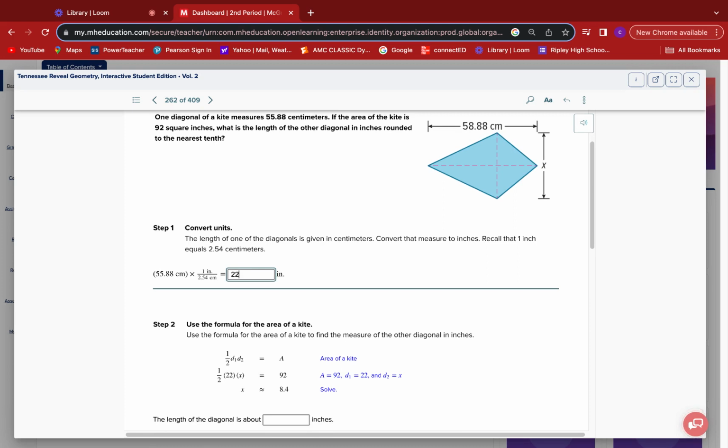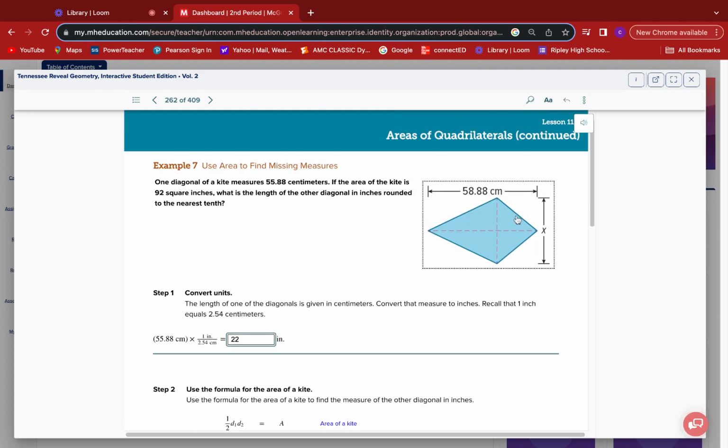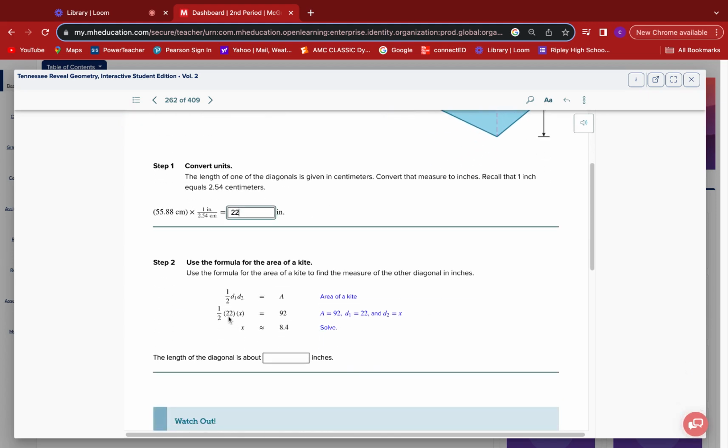I love it. All right, now we're going to use our formula. Step number 2. So I'm going to replace the A with the 92 because that is your area. I'm going to replace one of the diagonals with 22 inches, not 55.88 centimeters, because I had to do a little conversion there. Now I'm looking for X, which is my other diagonal, in inches.